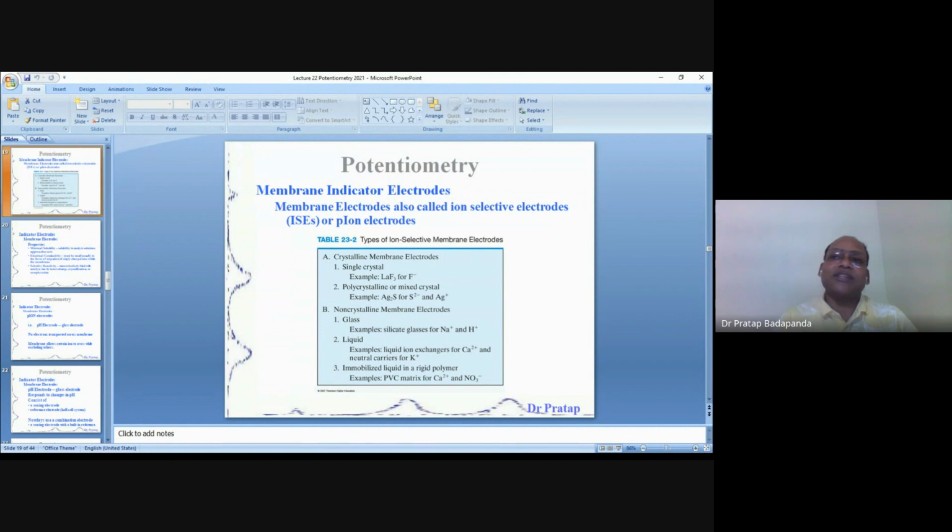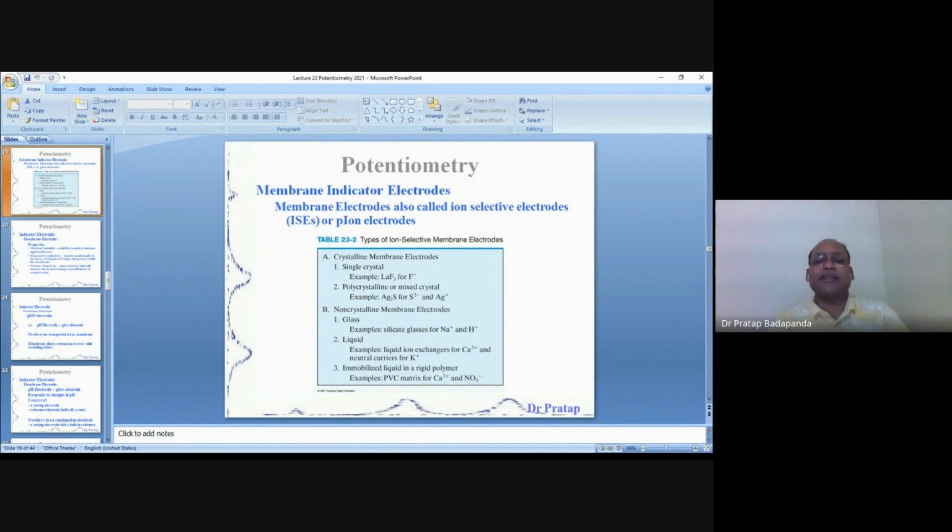Lanthanum is a d-block element, in the fifth series. It is used selectively for fluoride. Polycrystalline or mixed crystals, example Ag2S silver sulfide, used only for sulfide and silver.